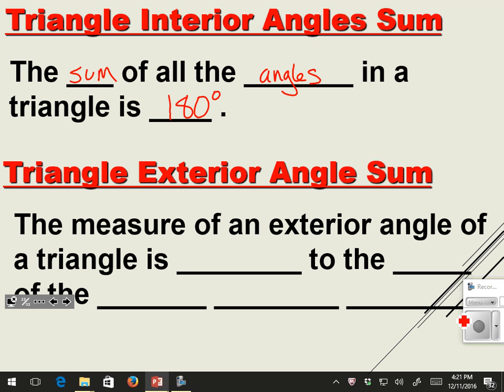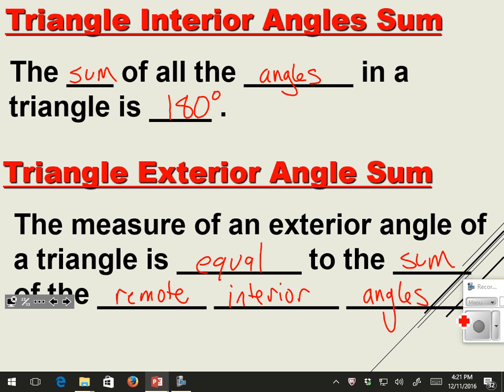That's a concept that you should have been familiar with before even today's lesson. Now the last concept has to do with the exterior angle. It's called the triangle exterior angle sum. The measure of an exterior angle of a triangle is equal to the sum of the remote interior angles.